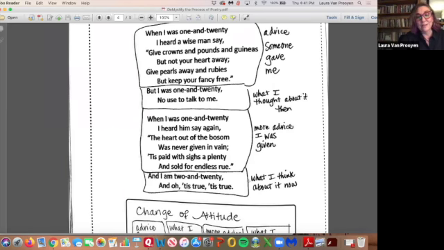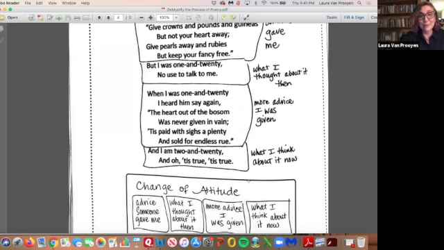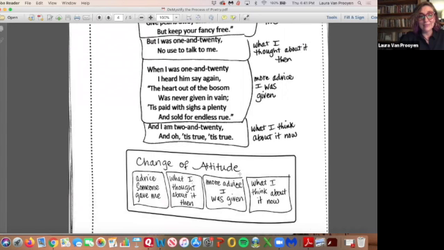And then finally, what I think about it now. As you know, the wise old 22-year-old from the 21-year-old. You can simplify the text structure here as a change of attitude: advice someone gave me, what I thought about it then, more advice I was given, what I think about it now.